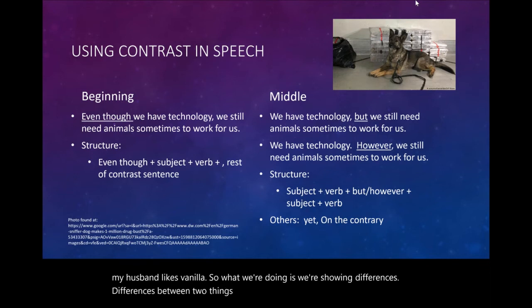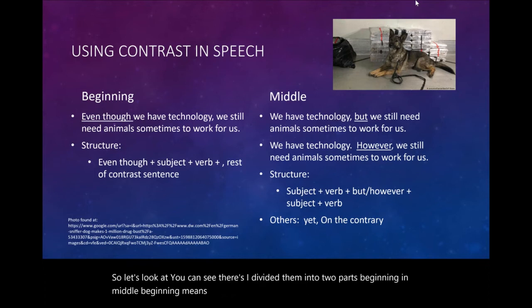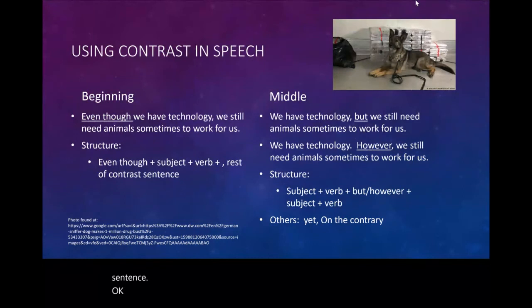So I have some examples here of some contrast words and how to use them. You can see I divided them into two parts, beginning and middle. Beginning means this word will go at the beginning of a sentence.